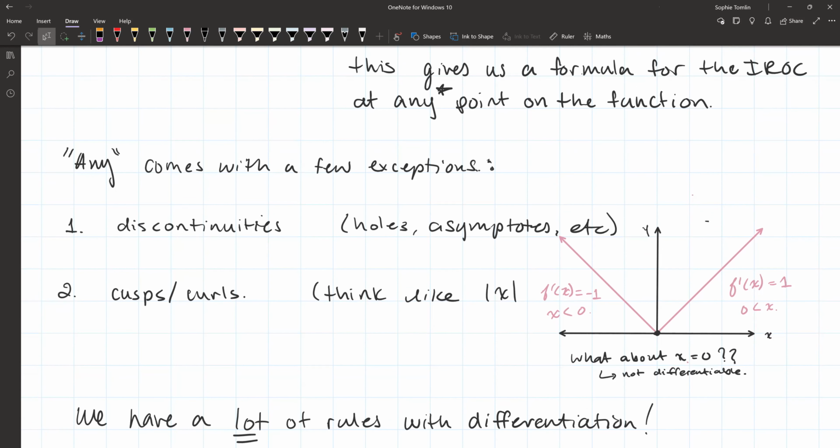So you know that differentiability implies continuity, but we have continuous functions that aren't differentiable across their whole domain. That's like poles or asymptotes. An example with asymptotes might be 1 over x, which goes like this and like that.